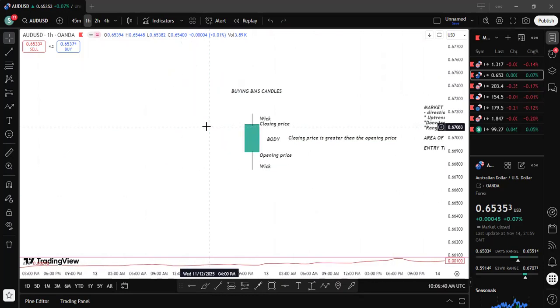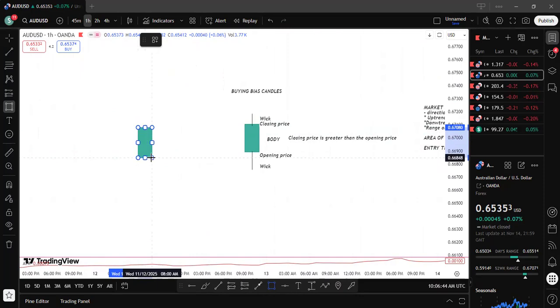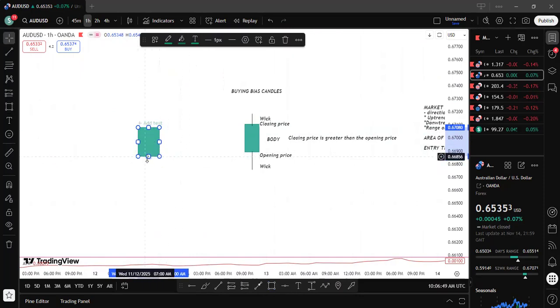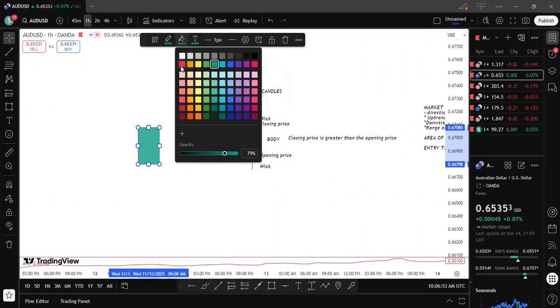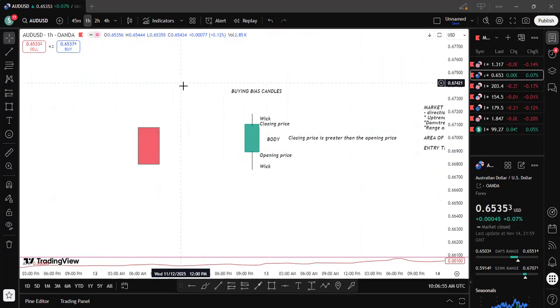Then let's see how a bearish candle looks. Just using a similar candle, what I've drawn now is the body of the candle. Let me fill it red, because that's how a bearish candle normally looks on default TradingView, or any platform you are using, whether MT5, MT4, TradingView, Match-Trader, cTrader.